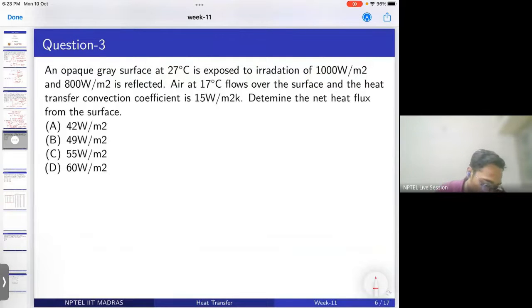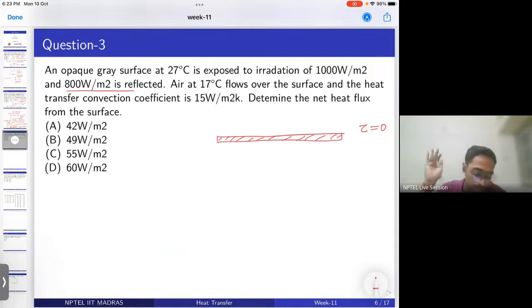It's also a similar kind of question. An opaque gray surface at 27 degrees Celsius is exposed to irradiation of 1000 watts per meter square, and this much is reflected. It is given that it is opaque, so there is no transmitted radiation, that is tau is equal to 0.